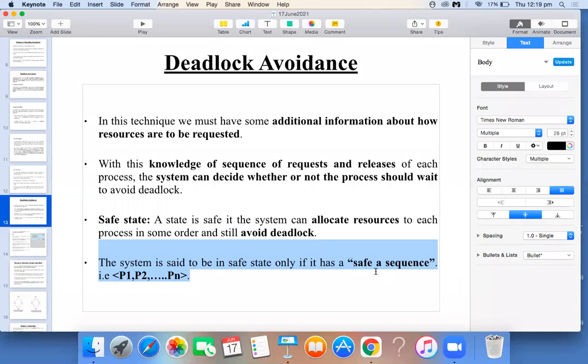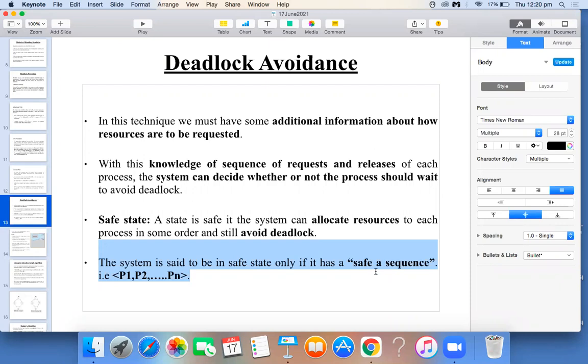Fine, right. So you can expect a question like this: define a safe state and safe sequence. These are the definitions you have to tell. A safe state is a situation where all the resources requested by the processes can be granted and still the system works normally and has not entered the deadlock state.